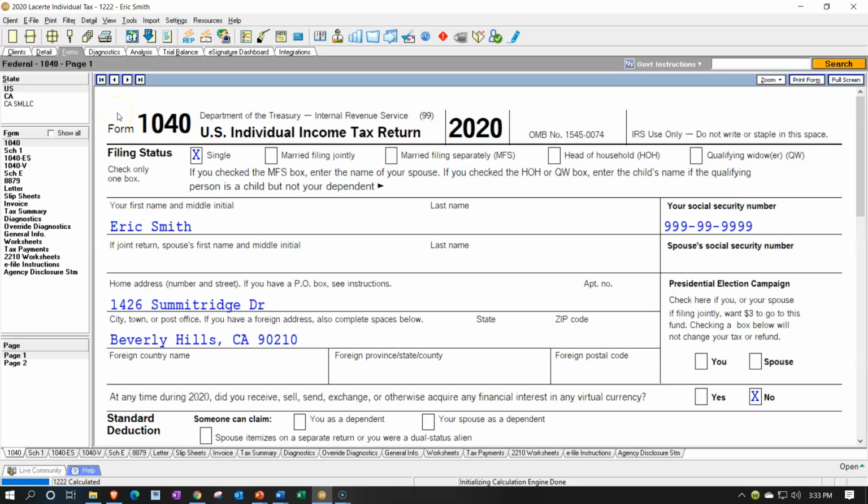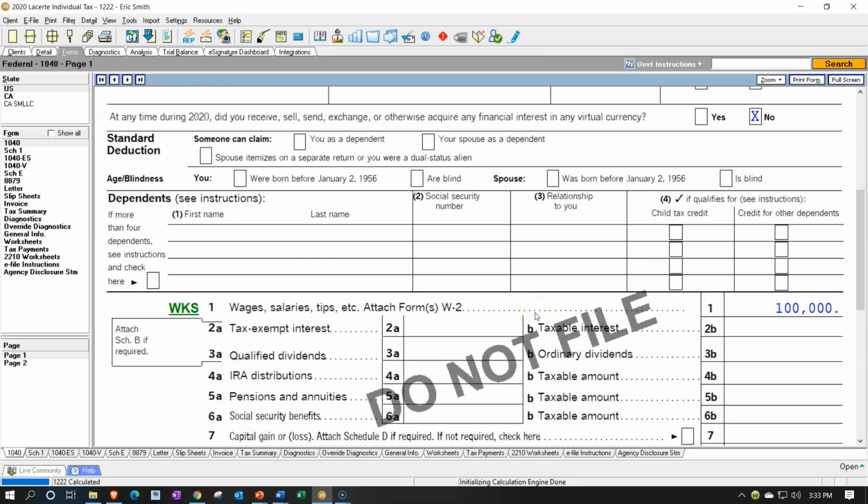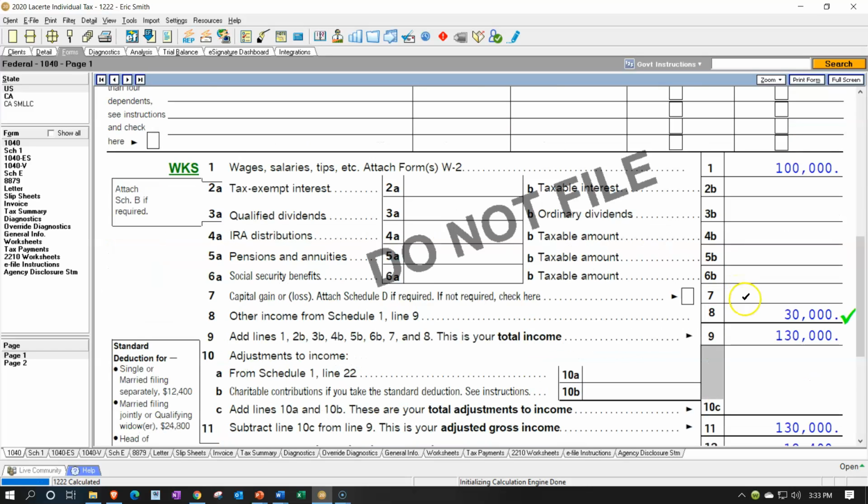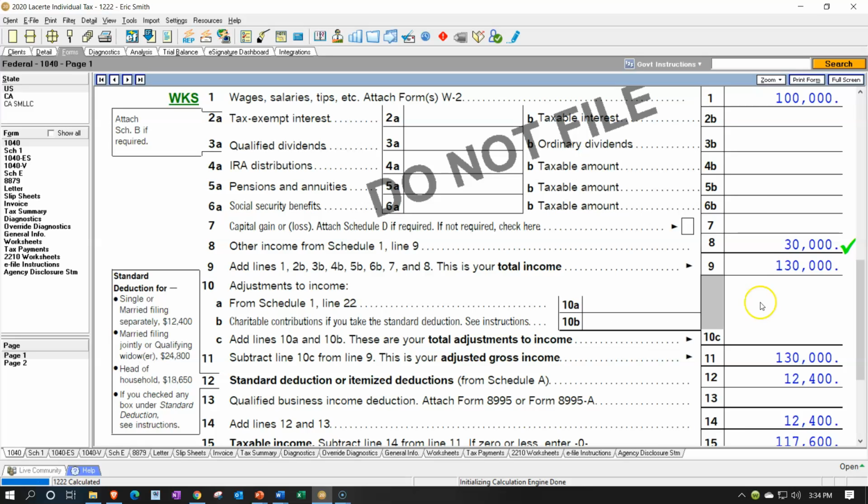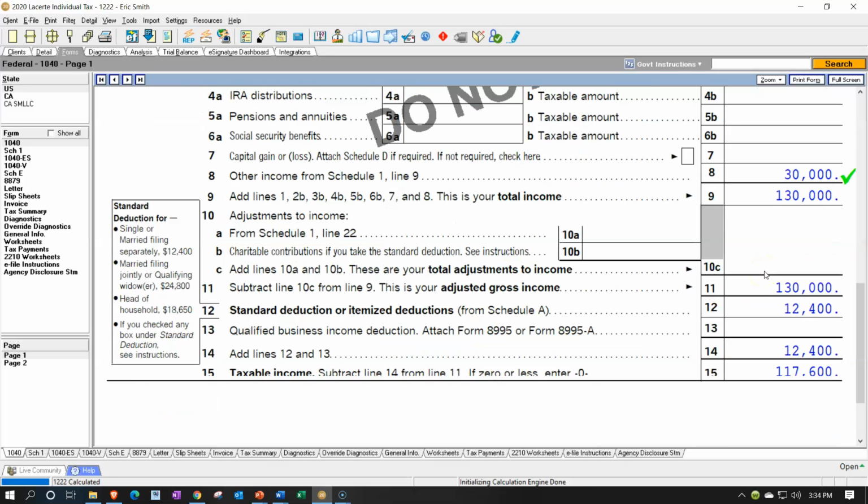We're going to start off with the Form 1040 single filer Eric Smith, living in Beverly Hills 90210, 100,000 of income from W-2 wages. We're focused down here, line 8, which is coming ultimately from the Schedule E, the 30,000. That brings us up to the total income of the 130, adjusted gross income 130, standard deduction 12,004, and that has a taxable income of the 117,600.